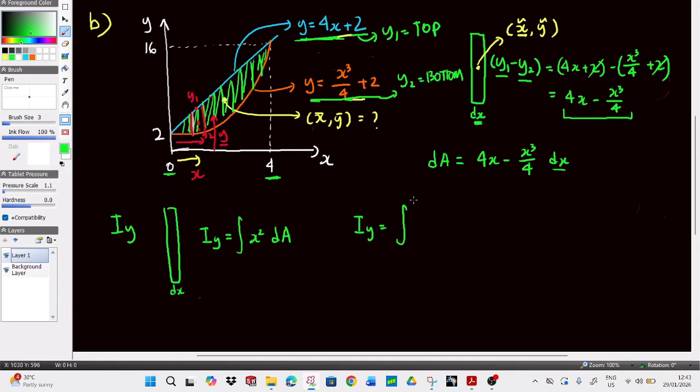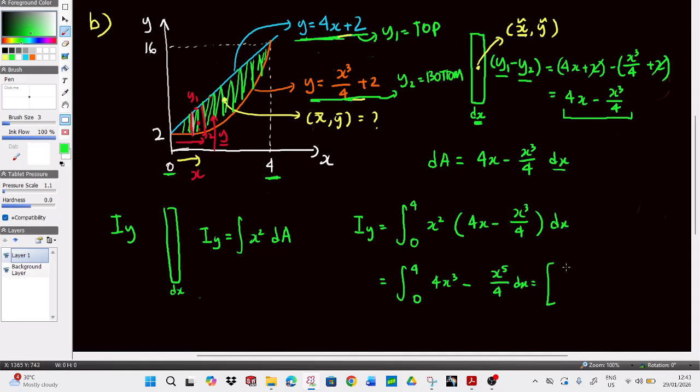You multiply x squared by (4x minus x cubed over 4) dx. Once you do the integration, don't forget to simplify. So it becomes the integral of (4x cubed minus x to the power of 5 over 4) dx.